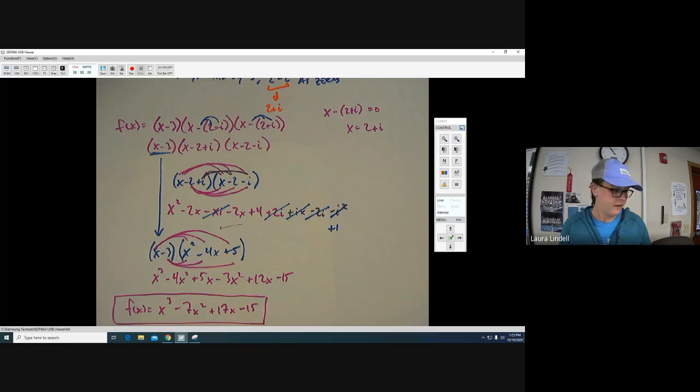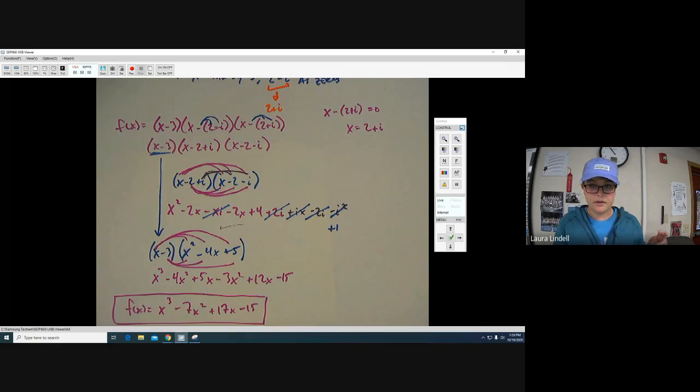Okay. So I'm going to show one more example of a type of problem that we can see on our homework today. And then when we're done with that, I'll circle back for anyone who wants more examples.